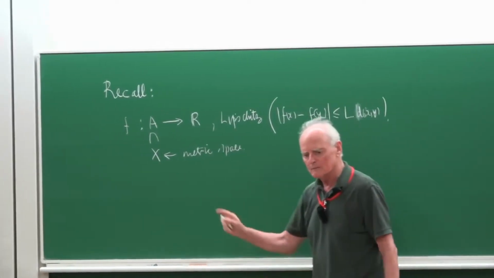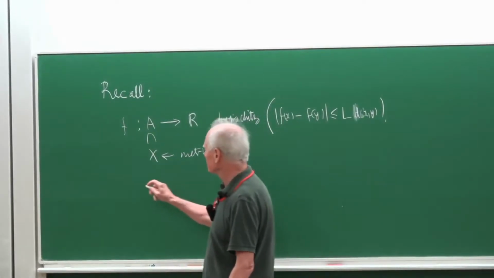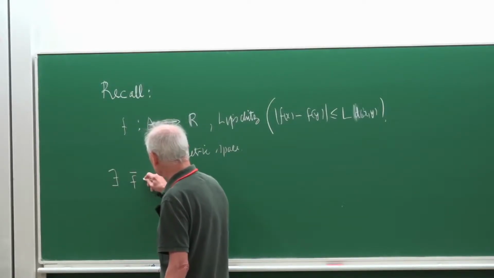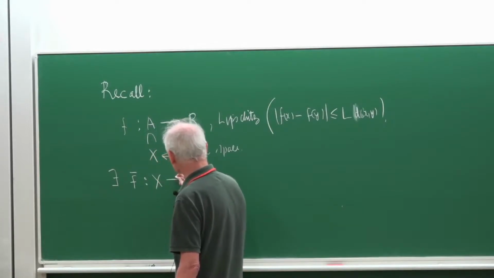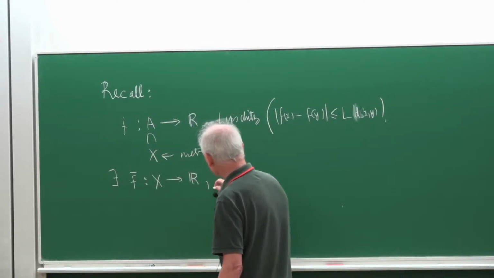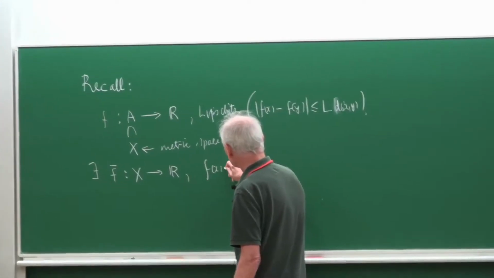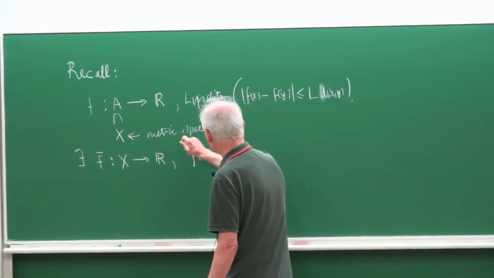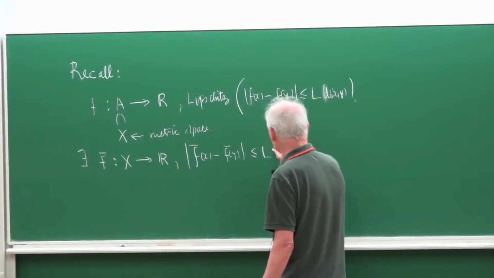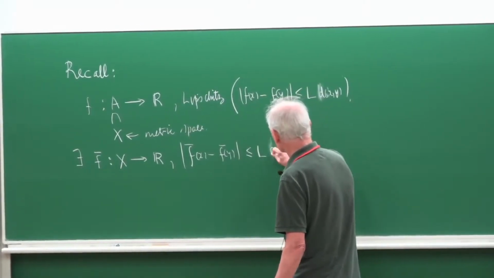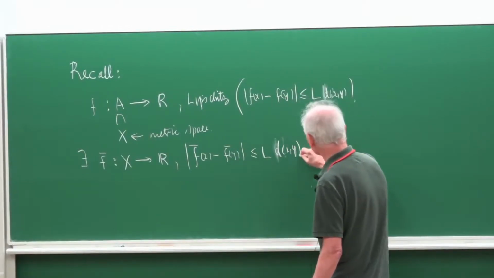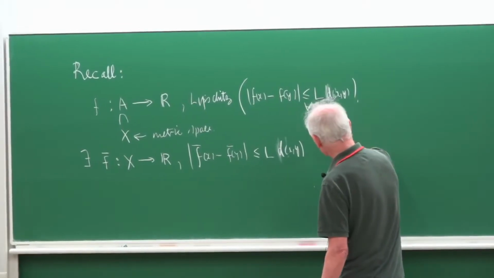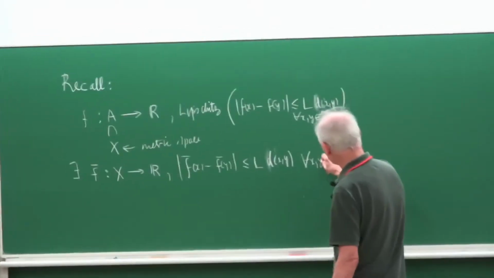And the theorem there was that there exists an extension, an f bar defined on the whole metric space with the same Lipschitz constant, times the metric distance. That would be for every x, y in the original set, and this one would be for every x, y in the whole space.